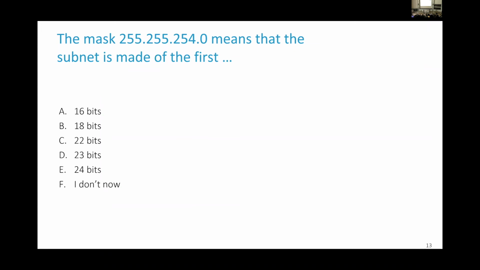Here is an example of a mask that we may find in places like ETH, for example. What do you think that it corresponds to?